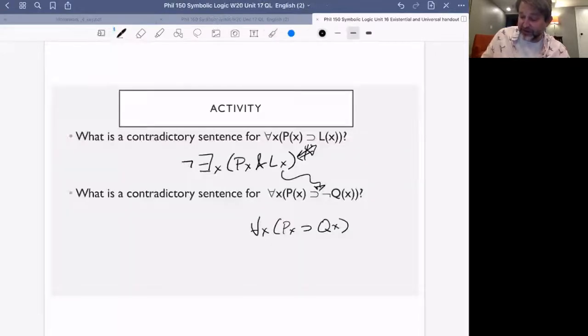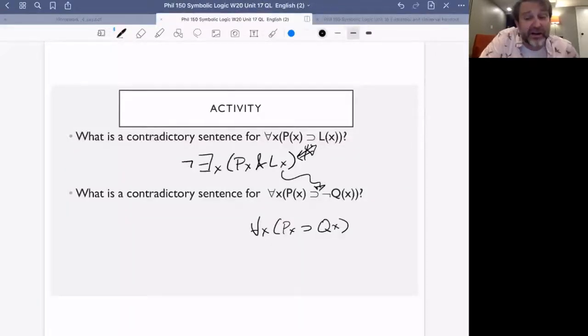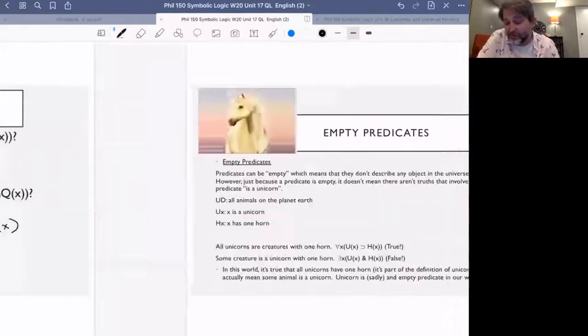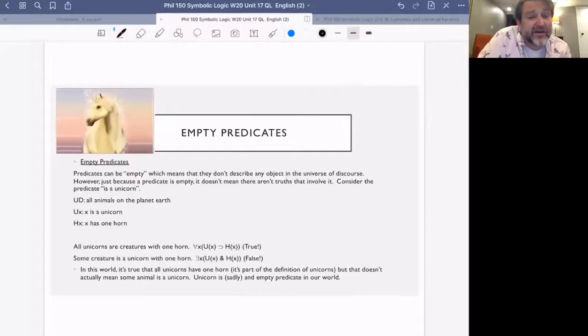So that's the way we can generate contradictory sentences using our quantifiers. And again, those will be helpful for you as you go into working proofs with quantifiers, which we'll be moving on to very soon. So a word now about empty predicates.